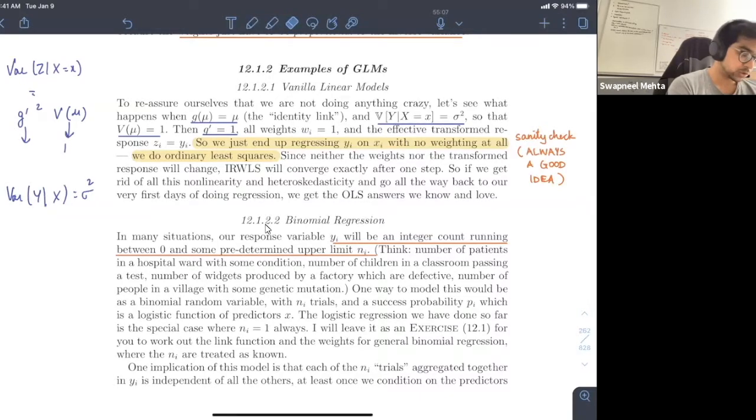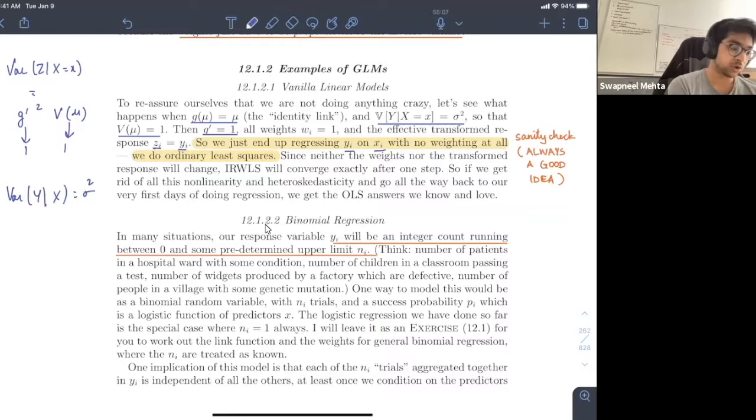And this now has to do with noise variance, right? So if we have this setup, then your response zi is basically equal to yi, and we end up just regressing yi on xi with no weighting at all.